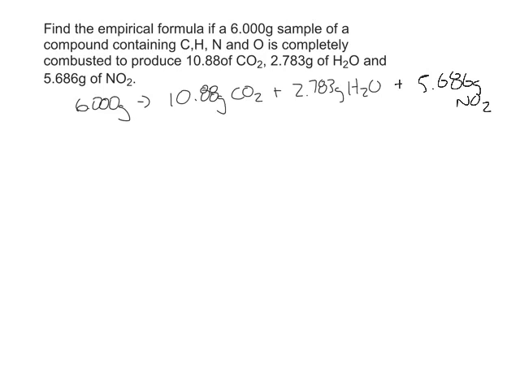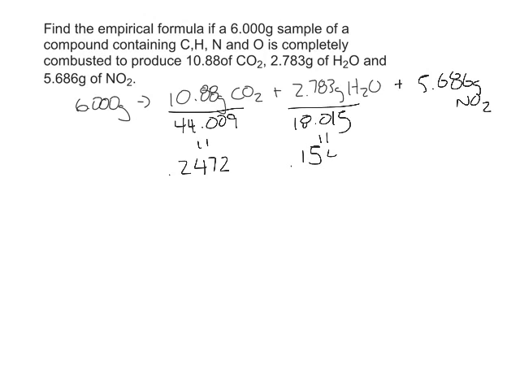Same process now, divide out by molar masses. 44.009 gets me 0.2472. 18.015 gets me 0.1545. And the molar mass that I'm going to be using for NO2 is 46.005.